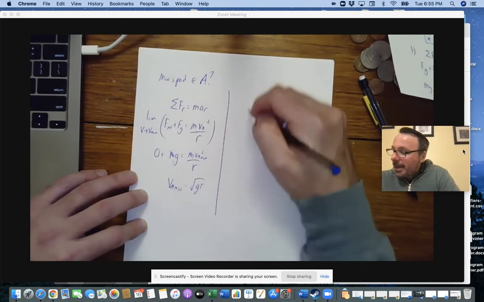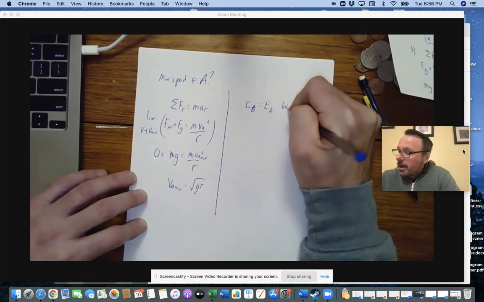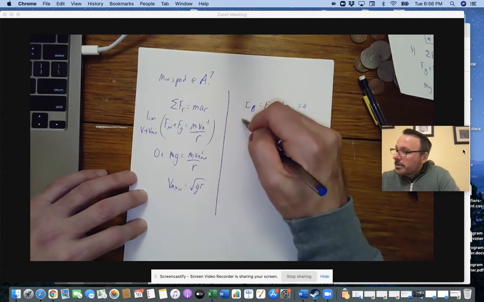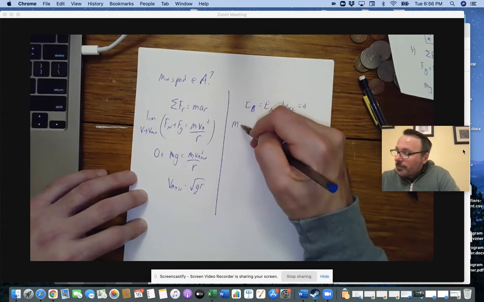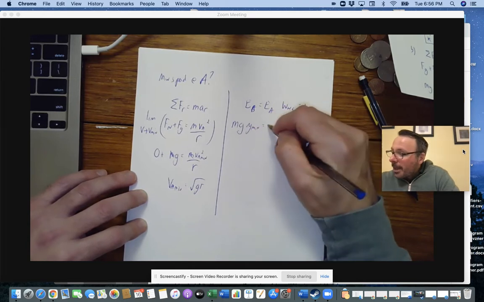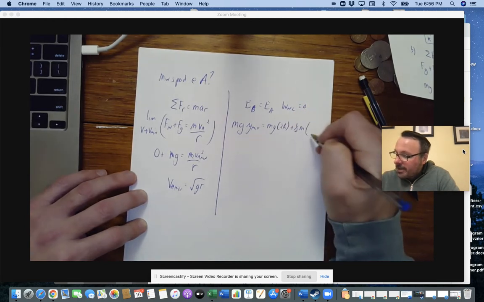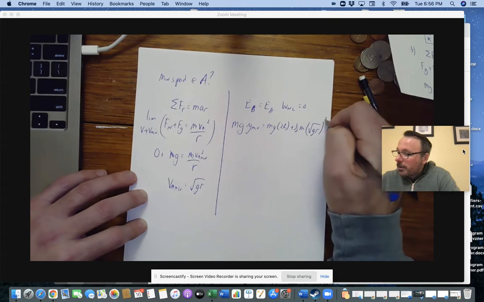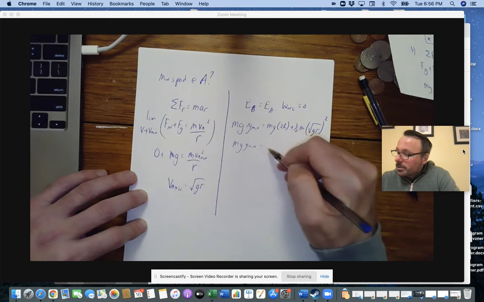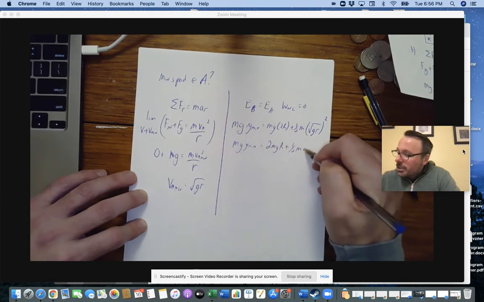Now I can take that back and go E_B is equal to E_A, work non-conservative is equal to 0, and I can steal my work from before because I've got the same potential energy function. But now I've got mg times y min equals mg times 2R plus 1/2 m, and then the v_A there is the square root of gr, quantity squared, and so that becomes mg y min equals 2mgR plus half mgR, right?